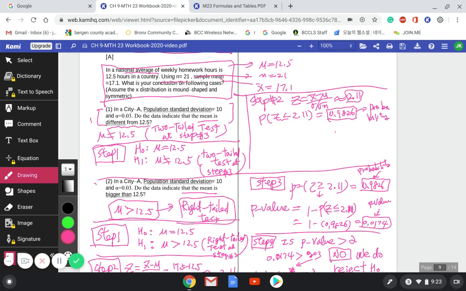Now you have to get a p-value. So p-value for the two-tailed test is always 2 times 1 minus probability of when z is less than or equal to 2.11.